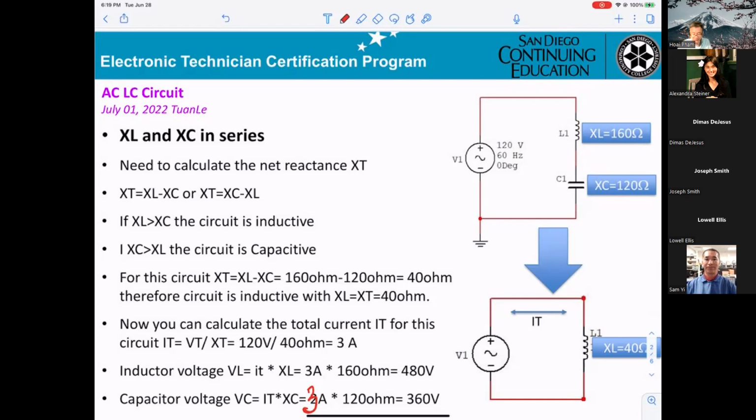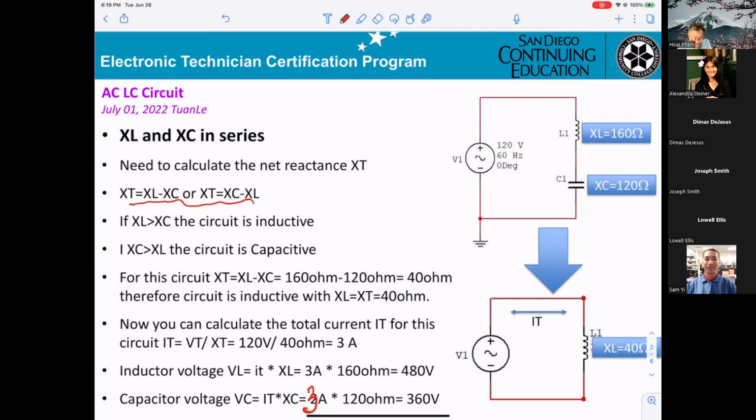You must come up with only one, an inductive or capacitive circuit, by calculating the difference in inductive or capacitive reactance.